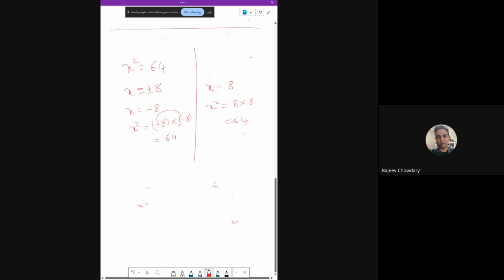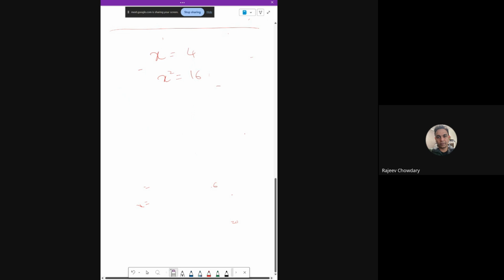You just need to ensure that when you are reversing the square, the answer becomes plus or minus. When you square, that's fine. You only have one answer. For example, if x is 4 and you square it, you only have one answer, that is 16. But not the other way.